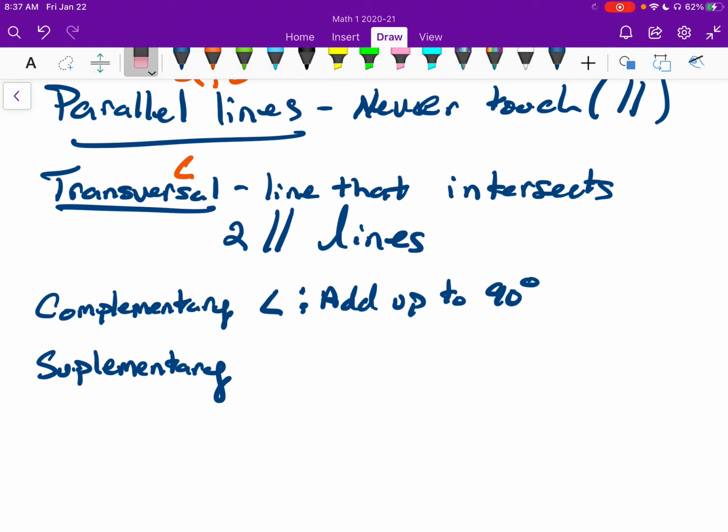So complementary angles are 2 angles that add up to 90 degrees. So 2 45-degree angles would be complementary. Supplementary angles add up to 180 degrees. So like an 80-degree angle and a 100-degree angle, they add up to 180 degrees. You'd say they are supplementary.